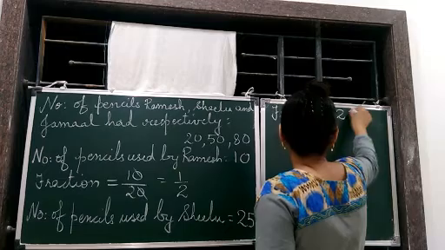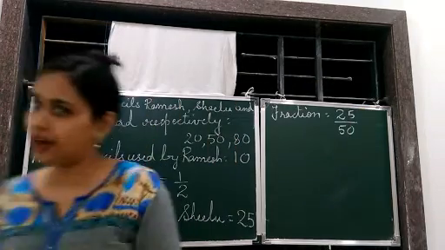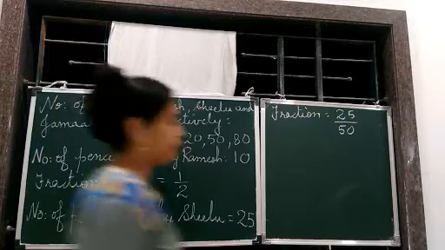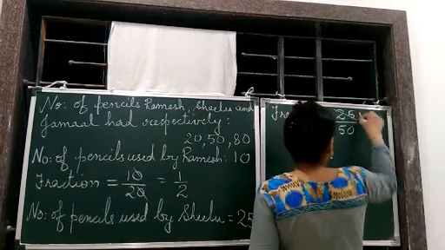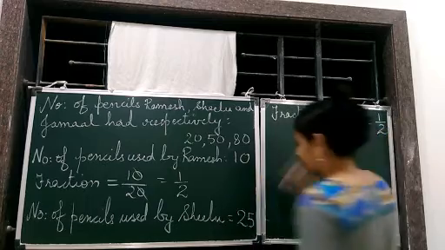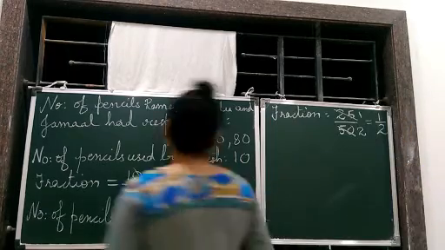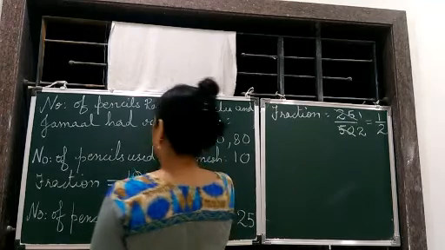Fraction will be 25 by 50. Now 25 ones are 25, 25 twos are 50. Again, this is also 1 by 2. So we can see we are getting equivalent fractions.